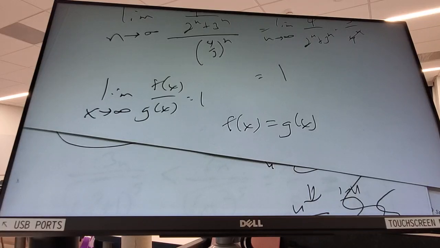So that's how you were able to say in your little explanation of why they both converged, well, in this case, diverged. Since Bn diverged and our limit was between 0 and infinity, they both do the same thing, so the other one diverges. So limit comparison just tells me, do the two series do the same thing? Yep.